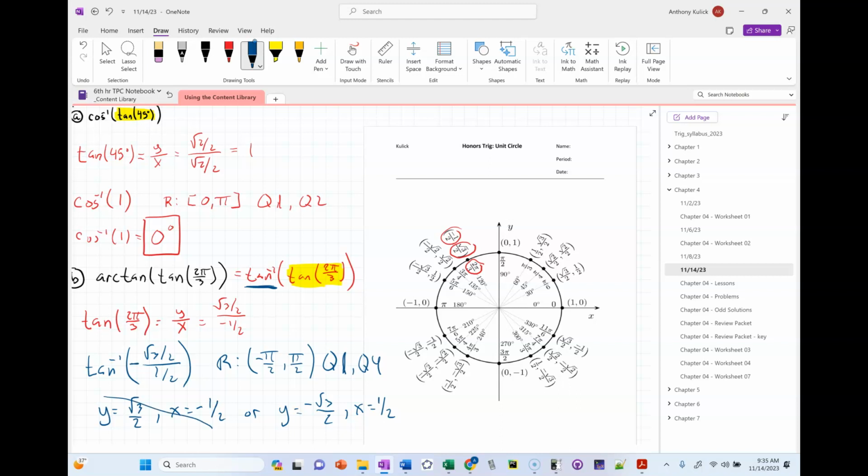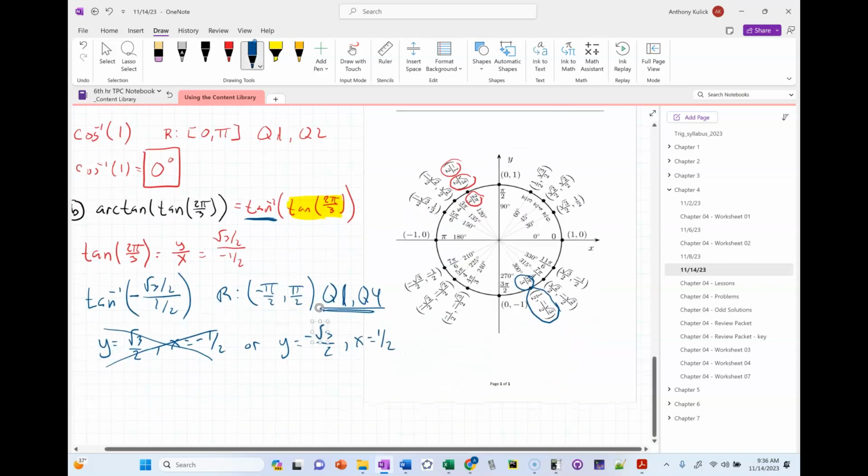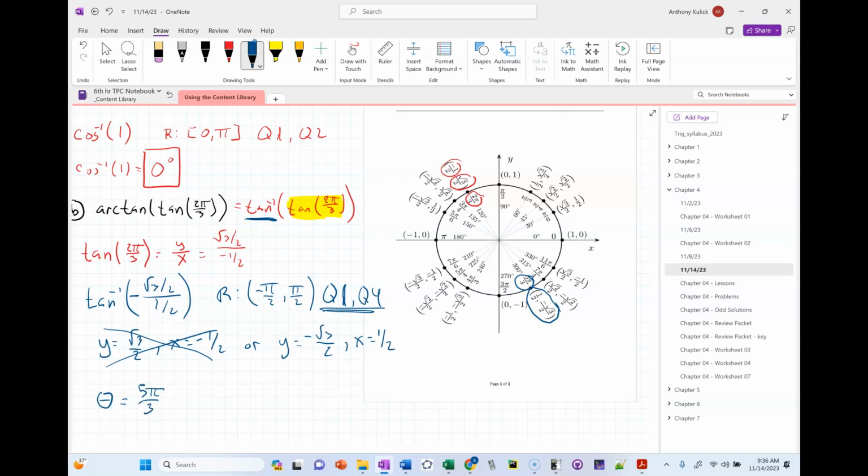Obviously, this one can't happen because the x's are always positive in quadrants 1 and 4. So I got to definitely be looking for this one. There I go. So we should have that theta is 5 pi over 3.